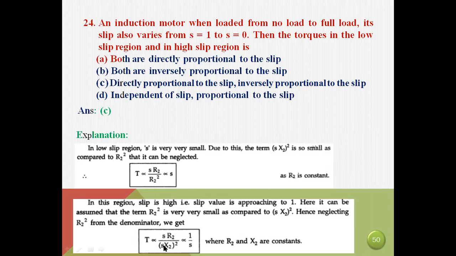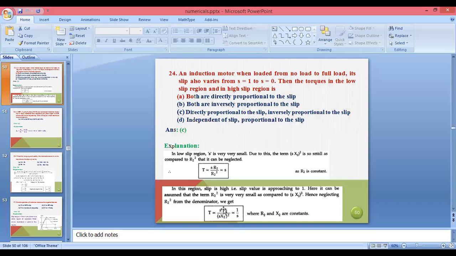But we are supposed to consider that reactance. So we will get 1 by S, because R2 is a constant and very small, so we neglect S and R2, and the torque equation will depend on this S square. So we can say it will be inversely proportional.